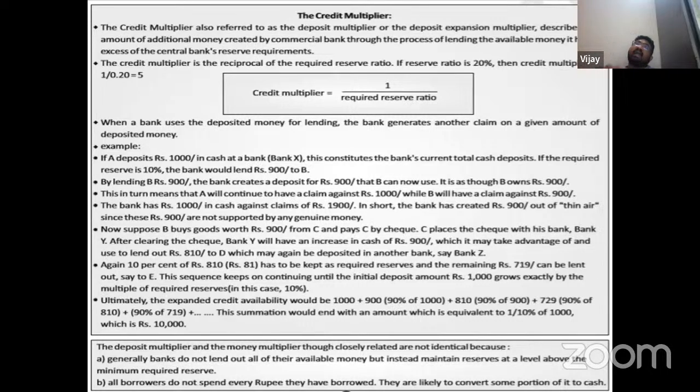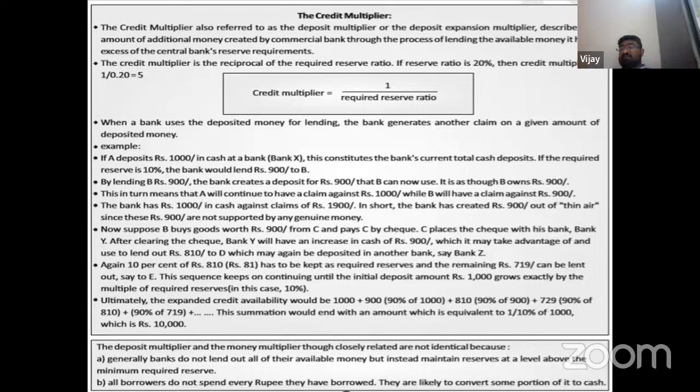When I maintain the cash balance with RBI, it is called CRR. When I maintain it in the form of liquid assets, I will call it SLR. So CRR and SLR put together are 10%, that means 100. Out of 1,000, I will maintain 100 rupees as reserve. Then the balance 900 rupees will be lent as loan.